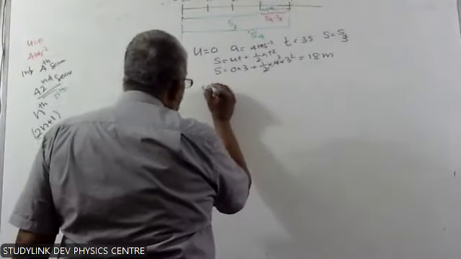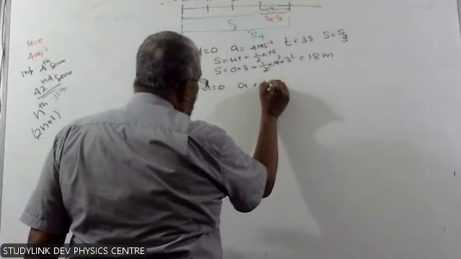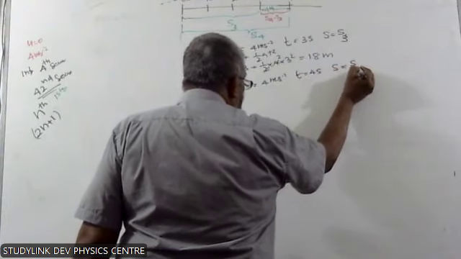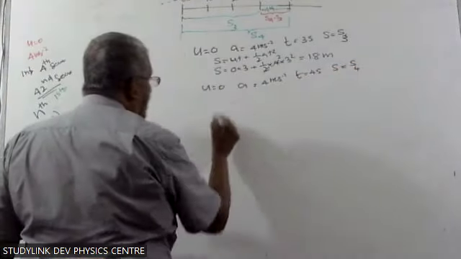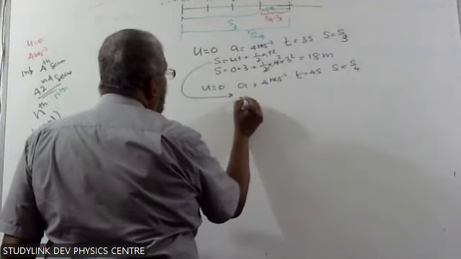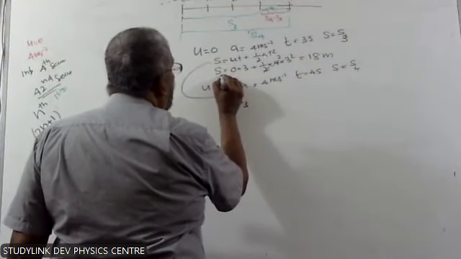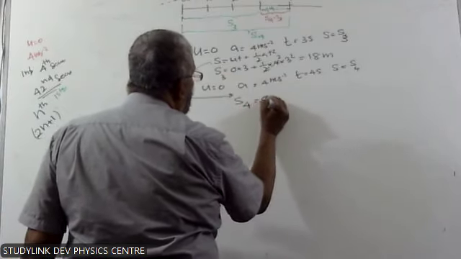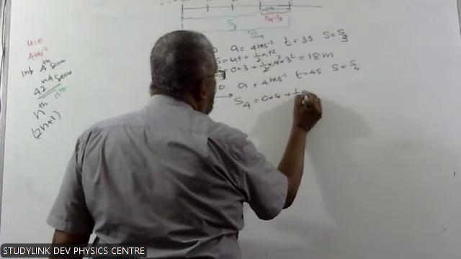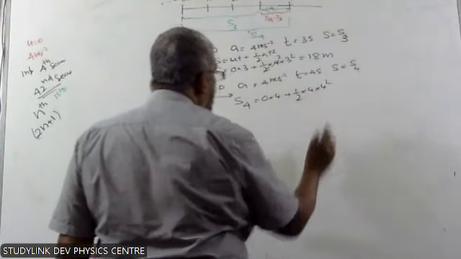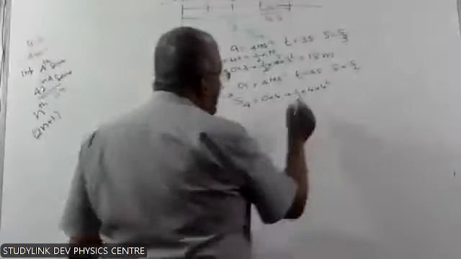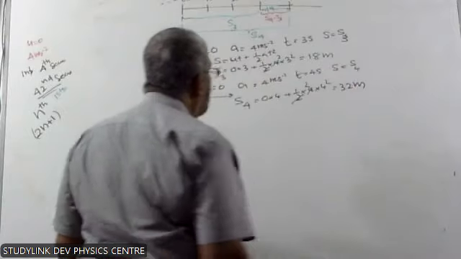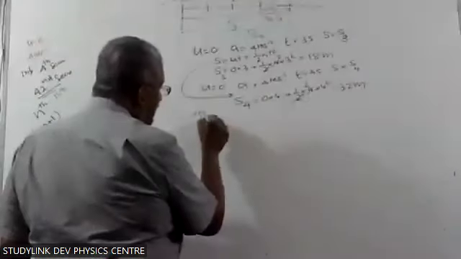Next one, U is equal to 0, A is equal to 4 m/s², T is equal to 4 seconds, S is denoted as S4. Same equation. S4 is equal to 0 into 4 plus half into 4 into 4 squared. Then you are getting 32 meters.